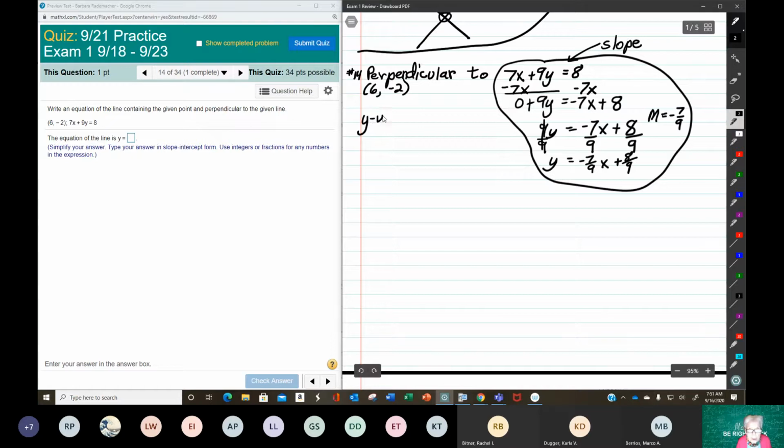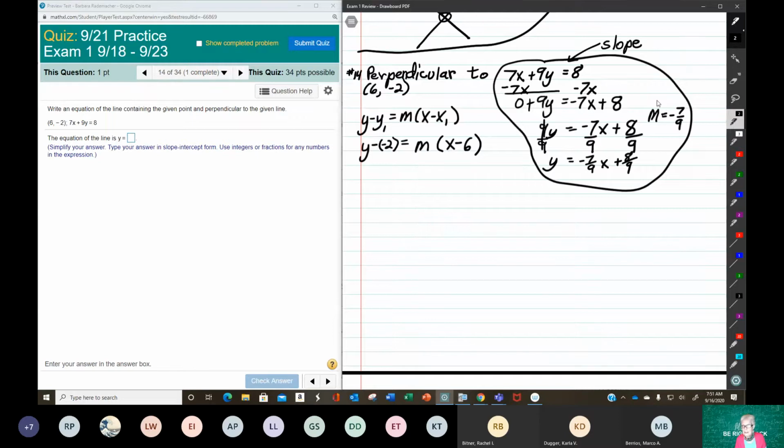Y minus y1 equals m times x minus x1. So we're going to have y minus -2 equals m times x minus 6. This slope is the slope of the perpendicular line.